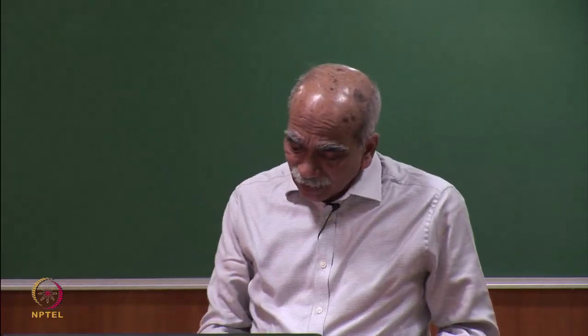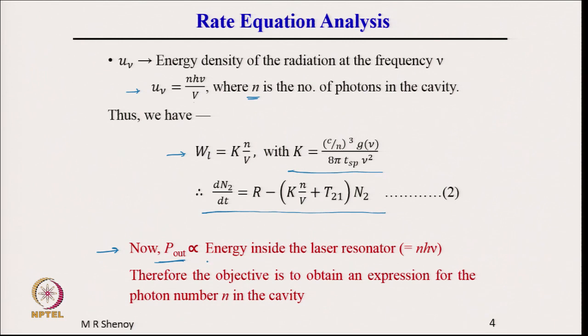Note that the laser output power is proportional to the energy inside the laser resonator, because recall the laser resonator here and energy is building up here, and every time a fraction of the energy is coming out depending on the reflectivity R2 of the mirror. So, R1 is usually close to 100%, and R2 is the output reflectivity of the mirror. So, what I have shown is the resonator here.